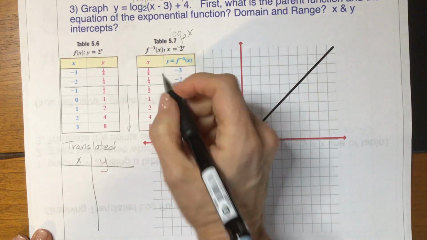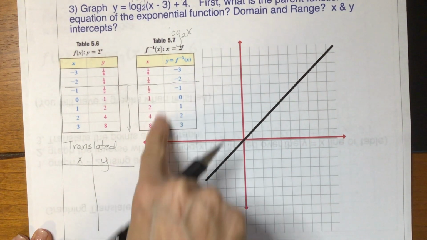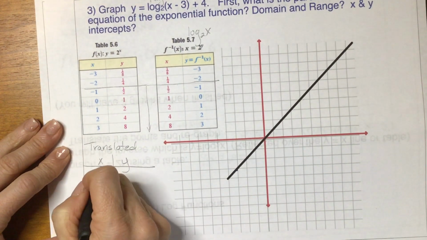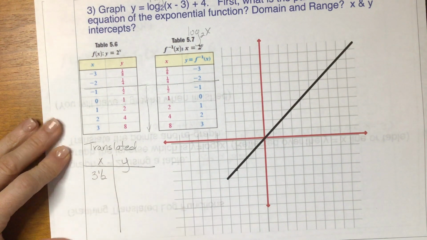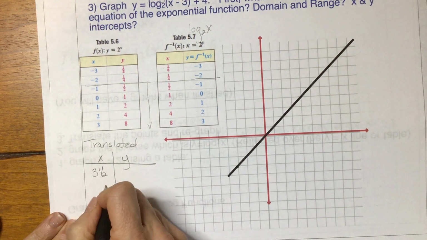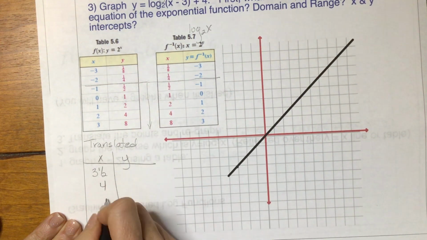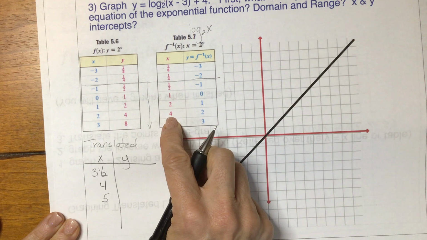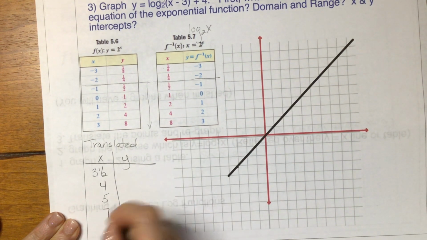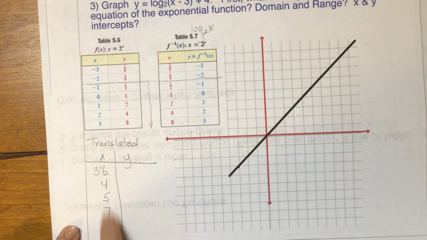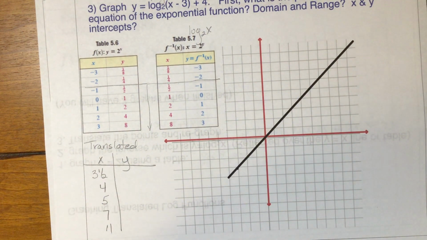So I'm going to take my x values from my inverse function and I'm going to move them right 3. So if I add 3 to 1/2, I'm going to have 3 1/2. And then I'm going to move 1 right 3, so now I'm at 4. 2 right 3 is 5. 4 right 3 is 7, and 8 right 3 is 11. So those are my new x values. They've been translated right 3.